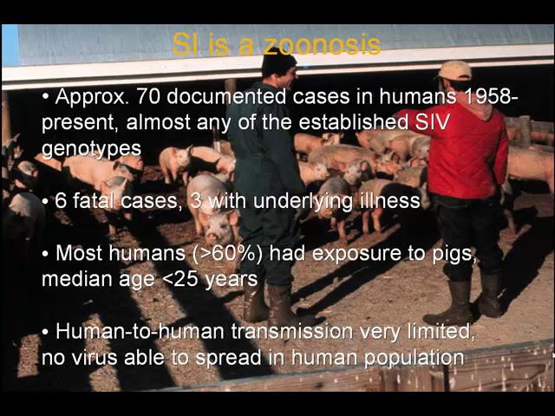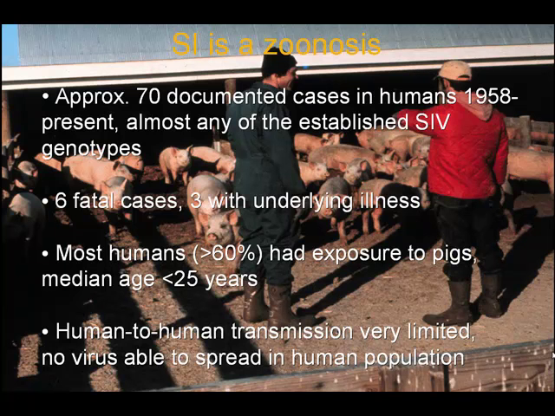Most humans had had contact with pigs. There have been a few cases of secondary transmission, but in all of the cases, the virus lacked the critical capacity to spread further in the human population. And this is very important.